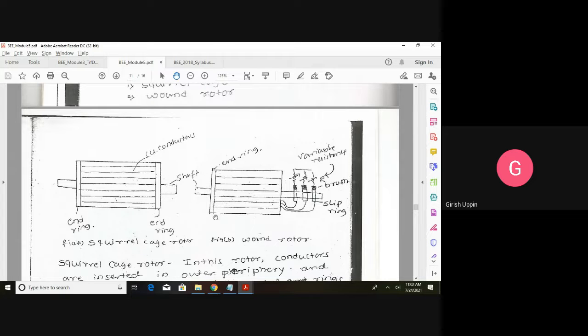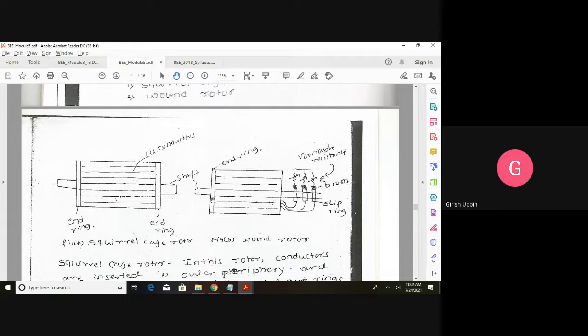In the case of the squirrel cage rotor, the speed cannot be controlled. Because the resistance is the same, the amount of current that flows is exactly the same. Here, in the wound type, we can control the amount of current because we have included some external resistances.